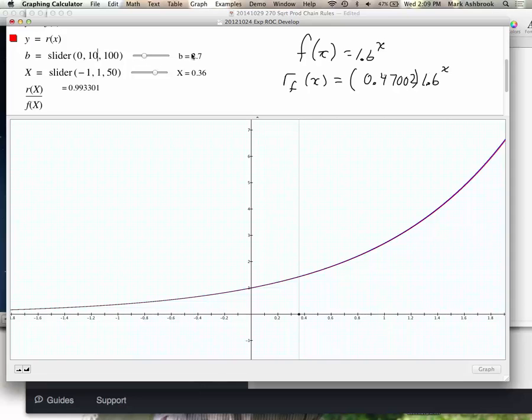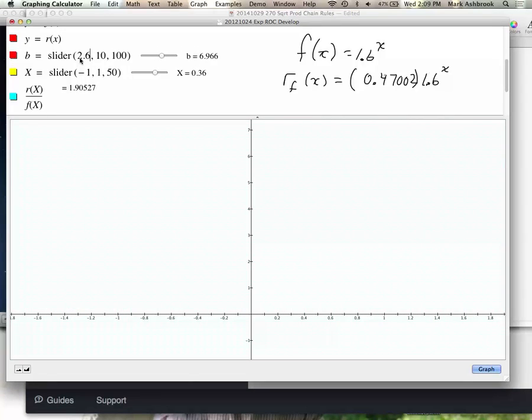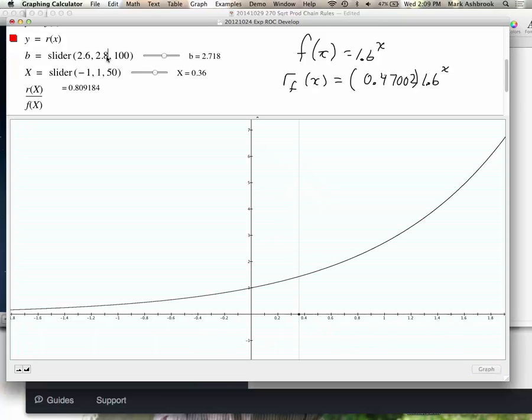So let's get more precise than 2.7. I'll change the slider from 2.6 to 2.8, and let's see if we can hone in on it a little bit more. So what are we looking at? Looking at this ratio right here, trying to make this ratio equal to 1.